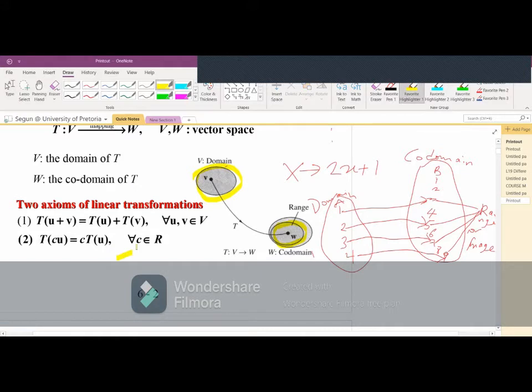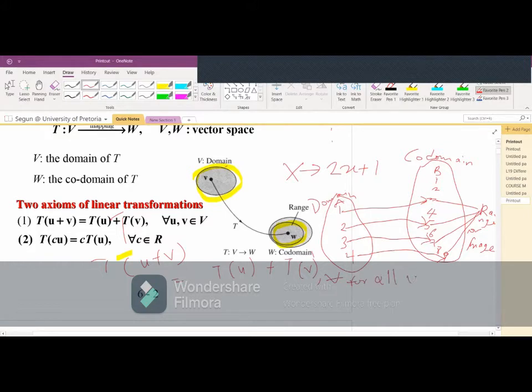we have our T. We all know T to be our transformation. So when we have T of U plus V, it simply means it's the same thing as T of U plus T of V, for all U, V that belong to the capital V. The symbol means for all.